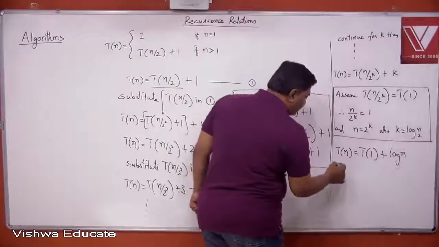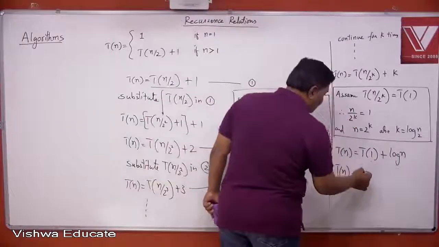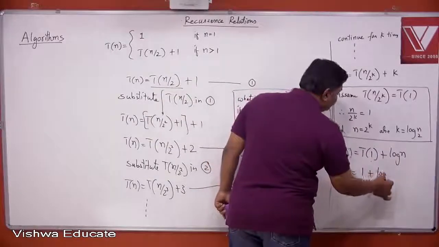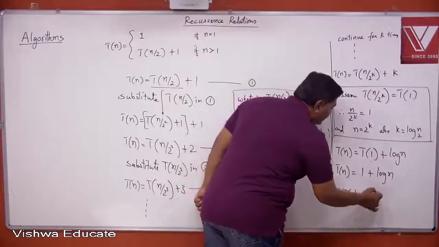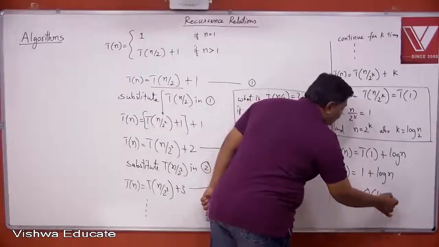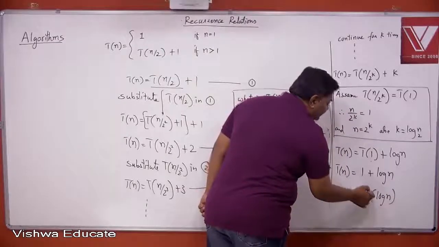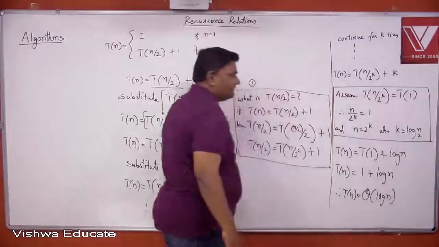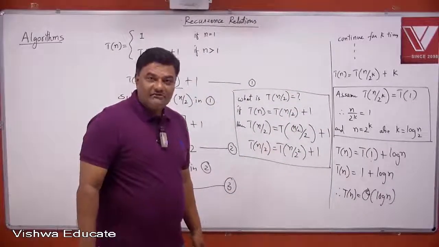T1 is 1, so 1 plus log n. Therefore, Tn is order of log n, or theta of log n, because it belongs to the class theta of log n. So we got the answer. This is how we solve it.